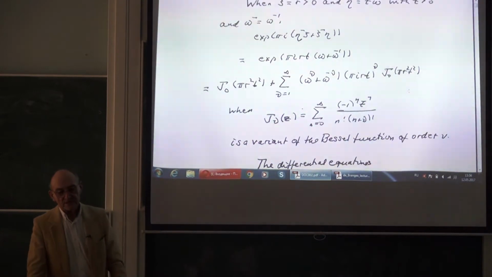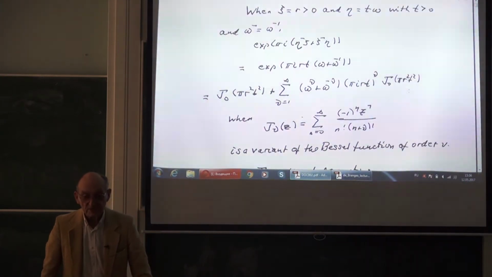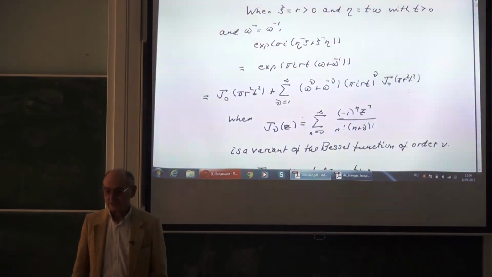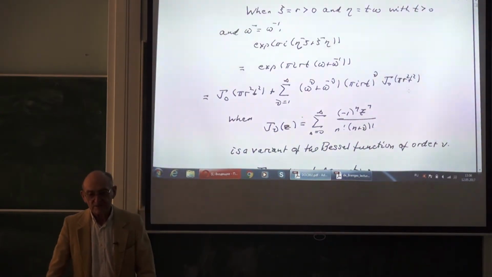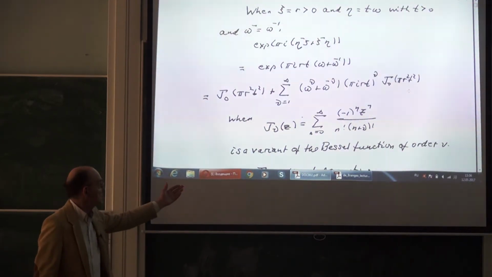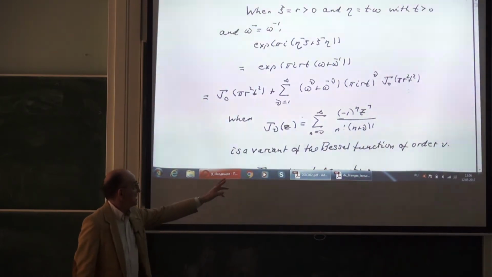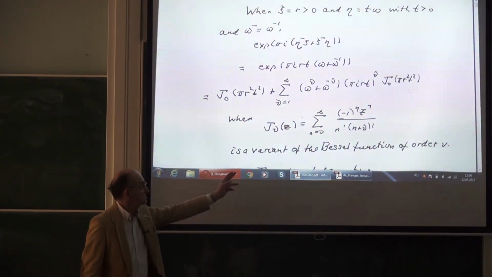I don't like the notation for Bessel functions that was found in the 19th century. I usually respect notation, but I'm sorry to say I'm not able to live with the classical notation there. It just makes everything very complicated. So I use a variant of the Bessel function, and the variant has nu plus n factorial, those essential denominators.